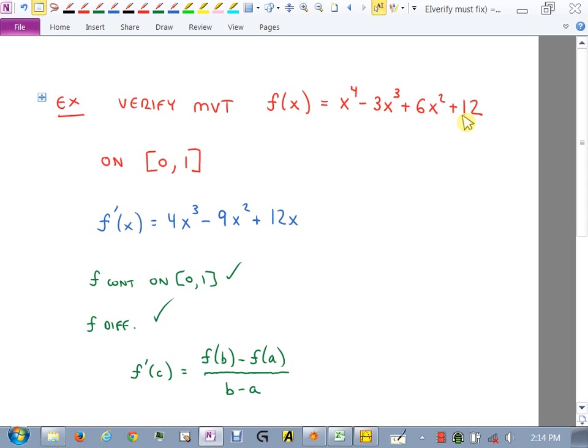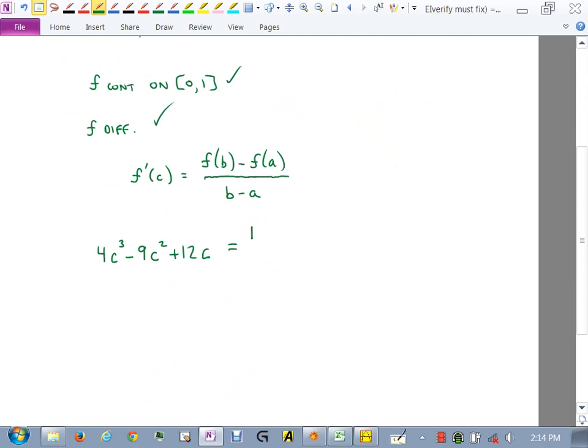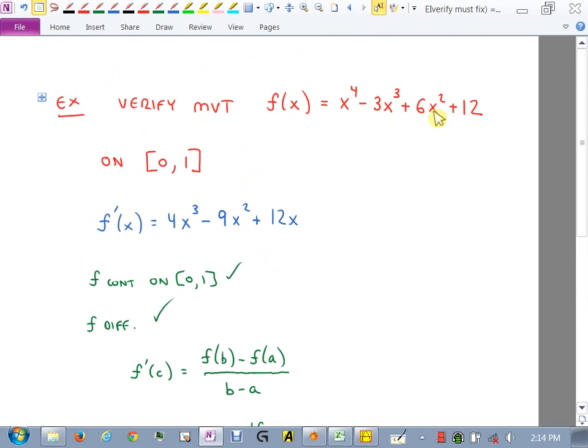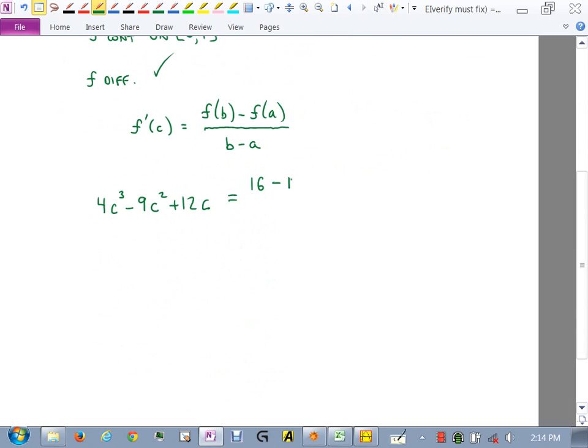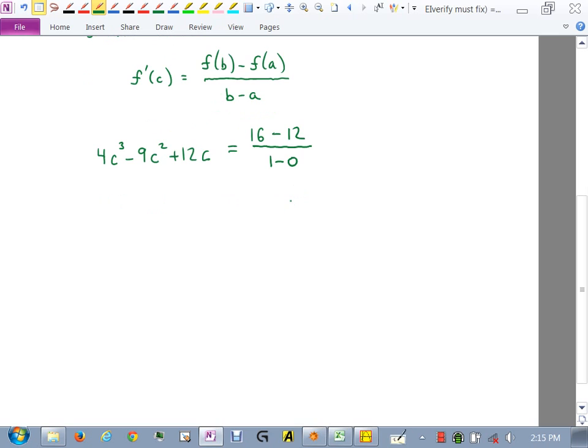So what do we got? 15? No. Yes? 16. So you get 16 minus f of a. A for us is what? 0. So just plug 0 into this. What do you get? 12? All over 1 minus 0, which is 4?